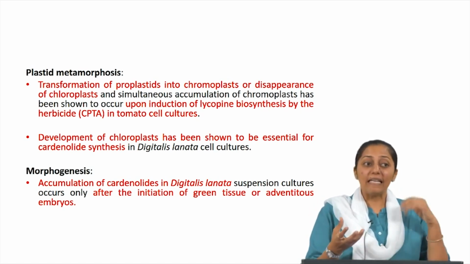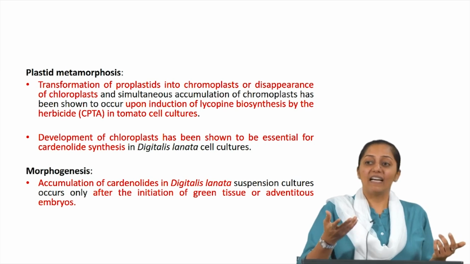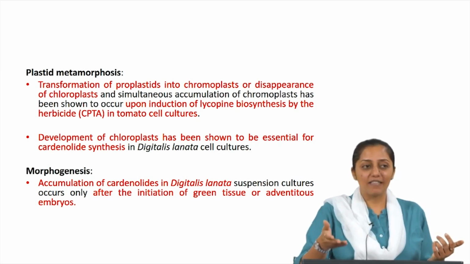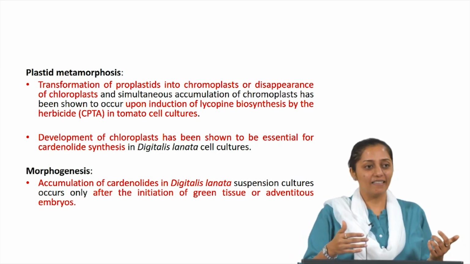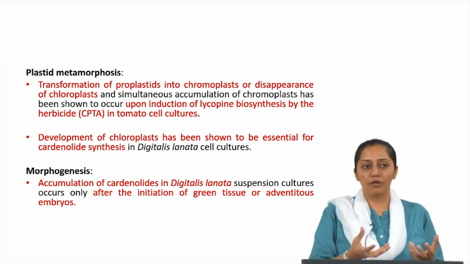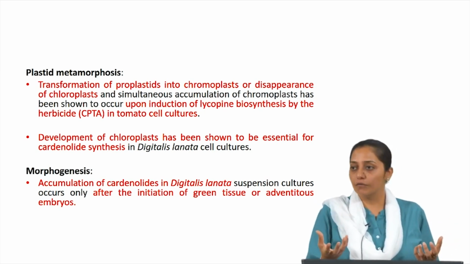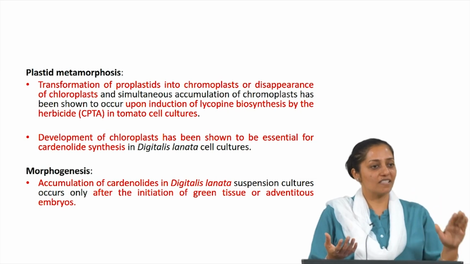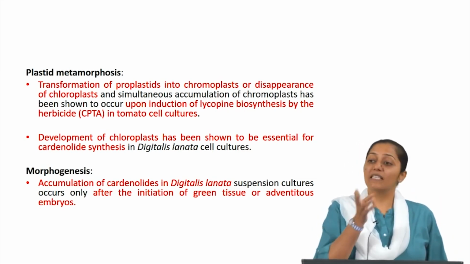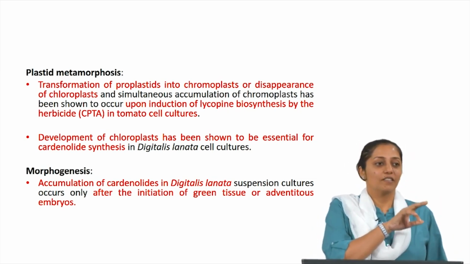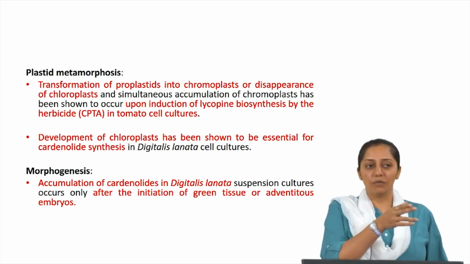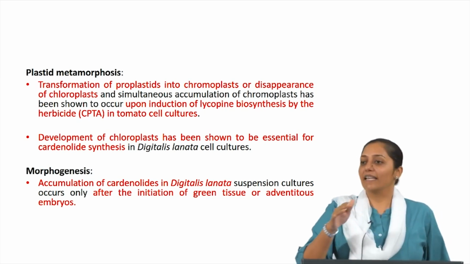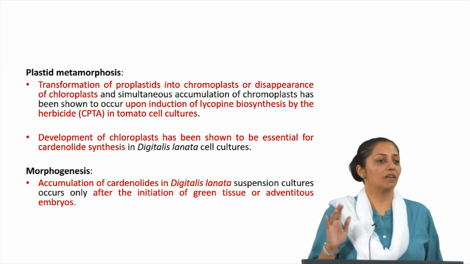So, in nature what might be happening, that as the lycopene synthesis has to happen for the red color to come up, the maturity of the fruit to happen, the chloroplasts start getting diminished, which means at the proplastid stage, the proplastids rather than getting converted to chloroplast start getting converted to chromoplasts.